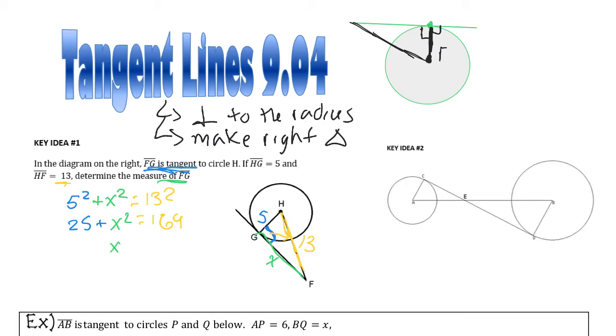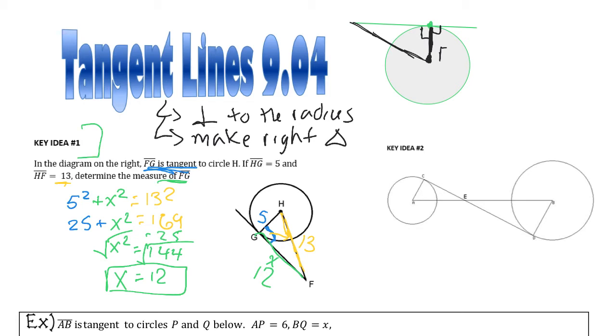Subtract 25 from both sides, and x squared equals 144. Square root of 144, x equals 12. So I could find a missing side of a tangent with the right triangle and using the Pythagorean theorem. So that's our first key idea for tangent lines, right triangles.